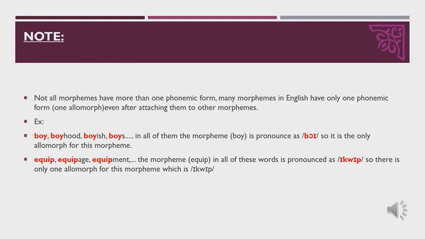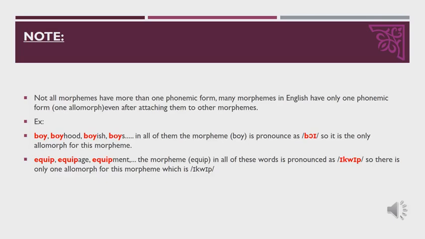We've said that each morpheme in English has an allomorph. When we pronounce the morpheme, this pronunciation is the allomorph. This phonemic form is the allomorph. And we've said that some morphemes have more than one phonemic form, more than one pronunciation.